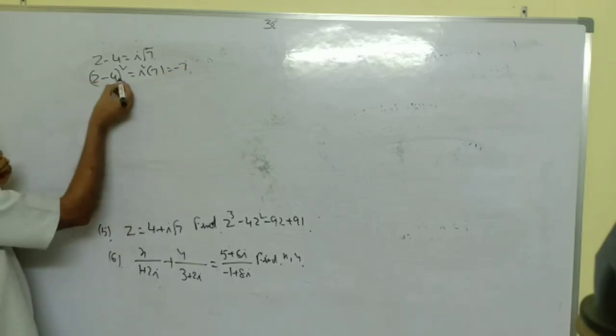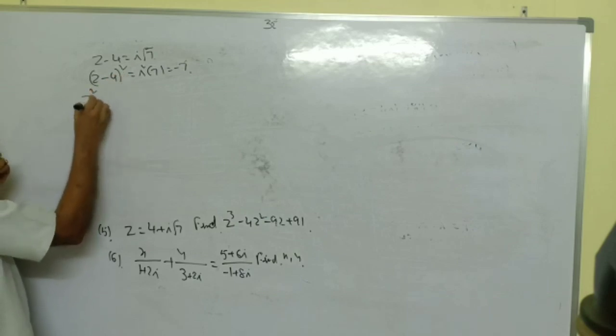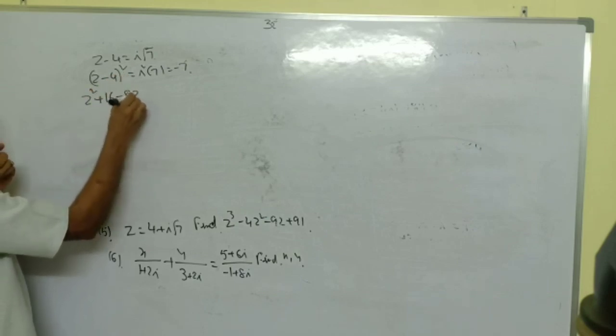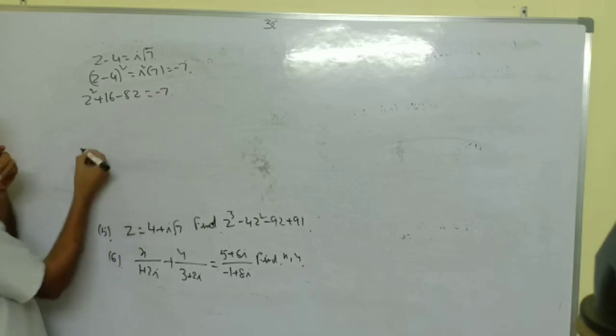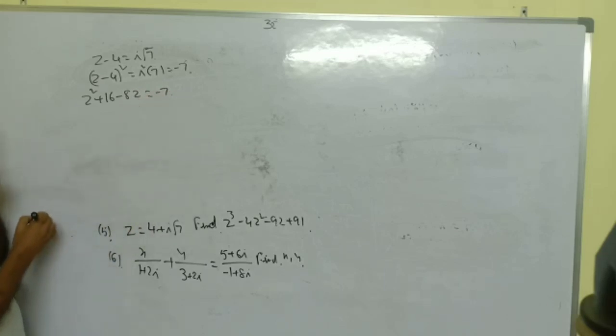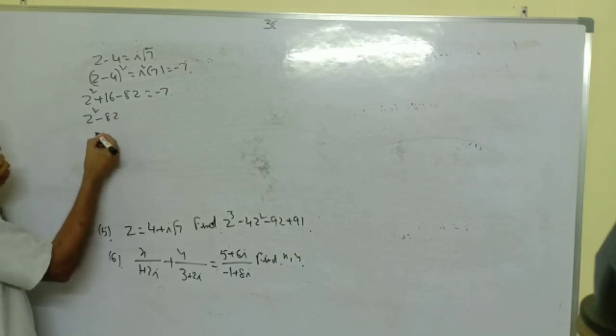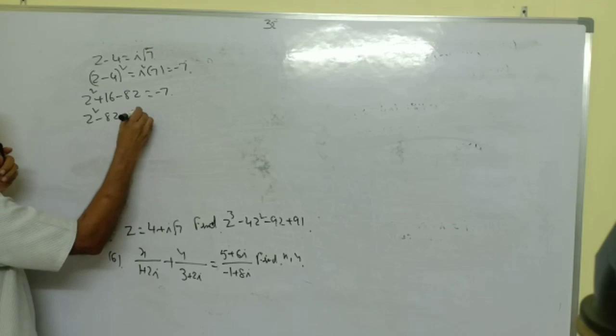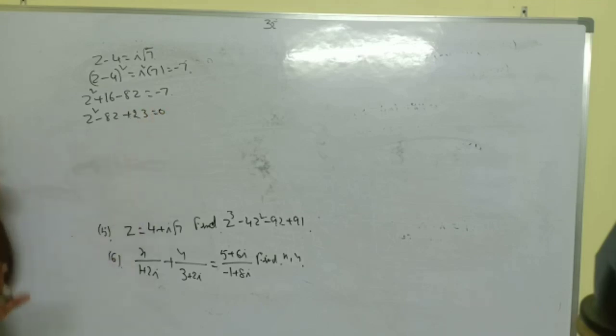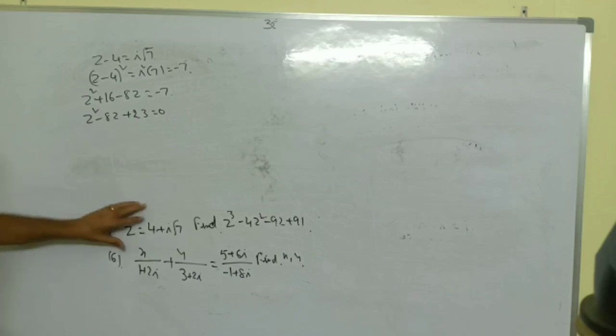Now this is just like a minus b whole square. So z square plus 16 minus 8z is minus 7. So z square minus 8z plus 23 is equal to 0. You will write like this.